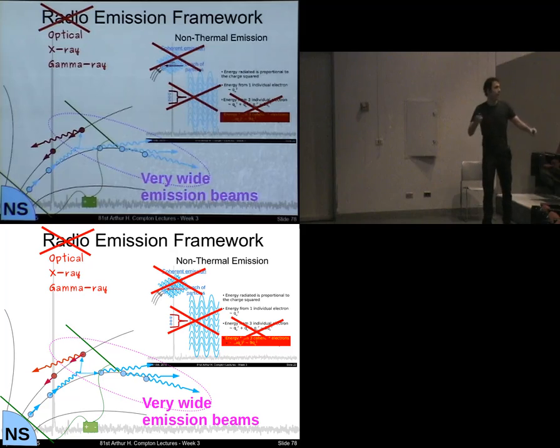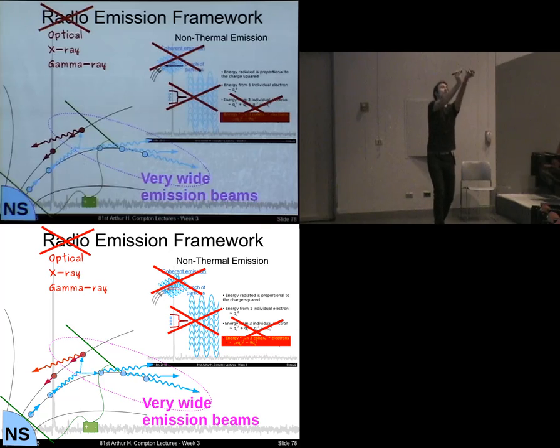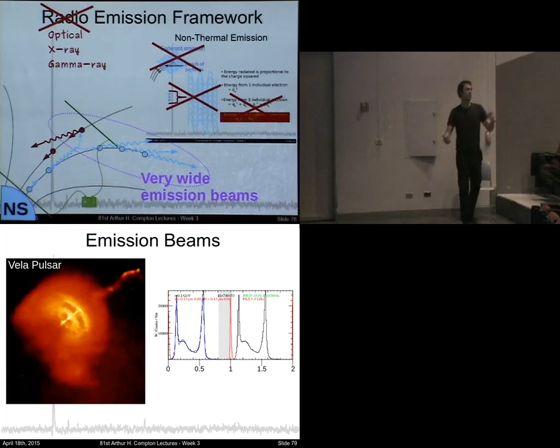And so you can imagine that rather than a situation where you have a beam like that, you have two beams here and two beams out here. And so you can see emission from multiple beams because of the flaring out of magnetic field lines and because some particles are moving in one way compared to some particles moving in the other way.